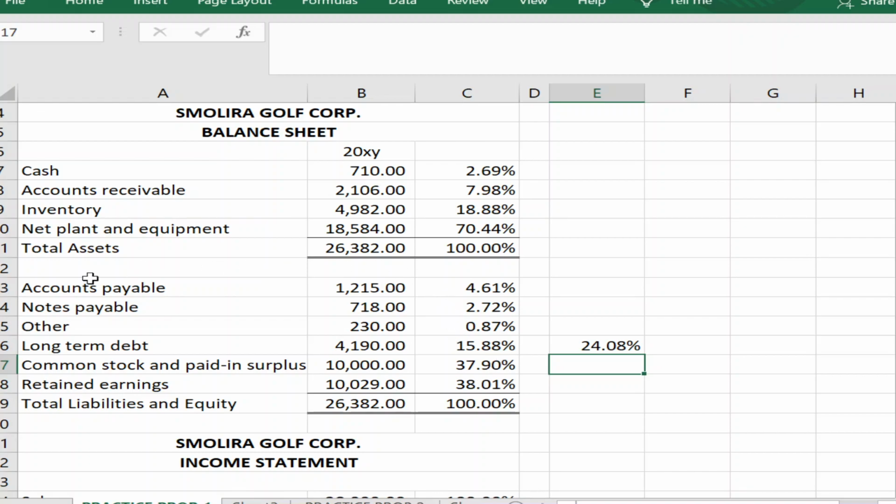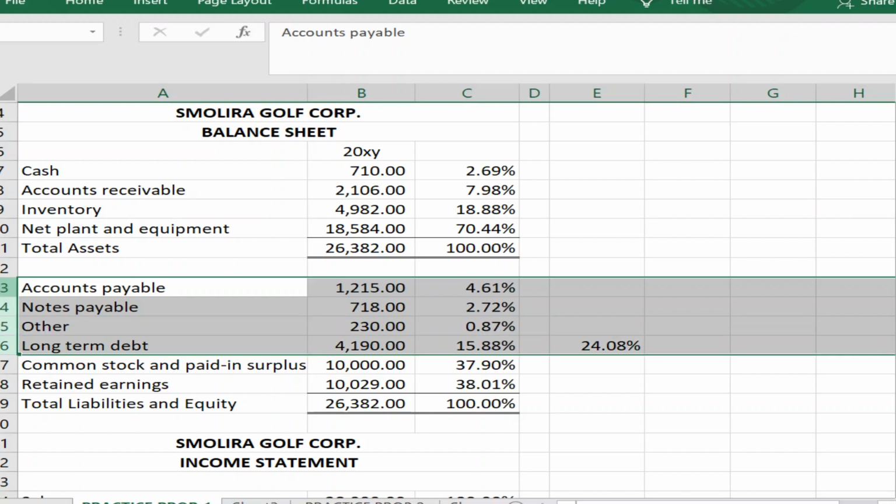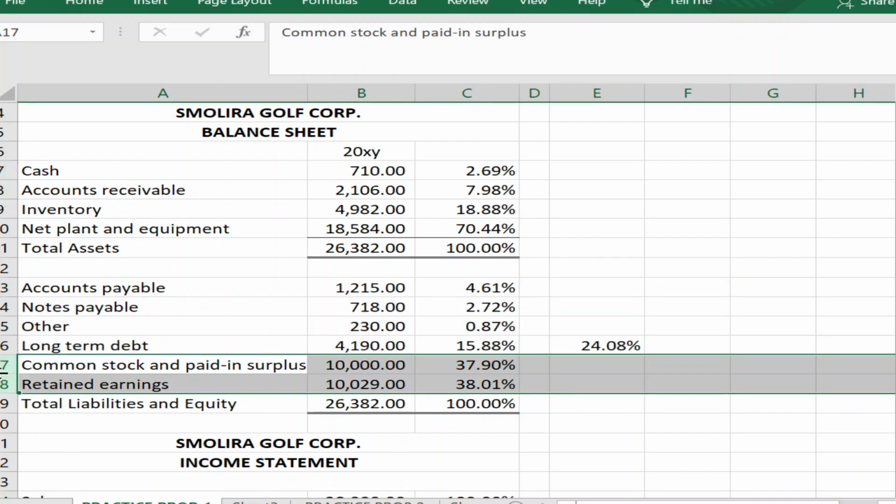So this means that they are not relying more on debt in financing their assets, but they are more focused on equity. And you can see here that the retained earnings and the common stock are nearly the same amounts.